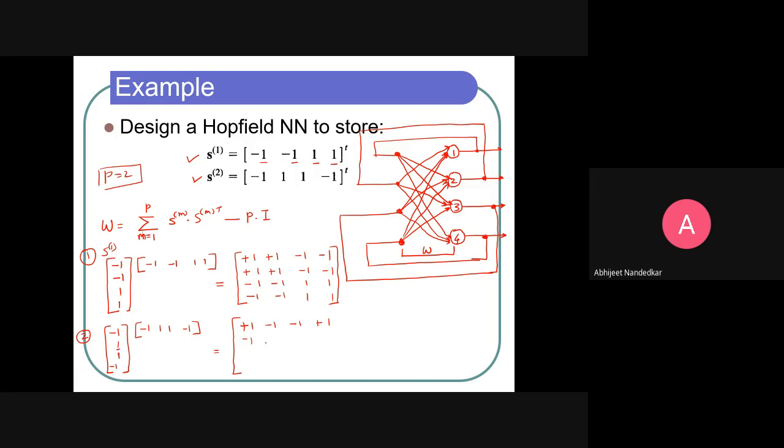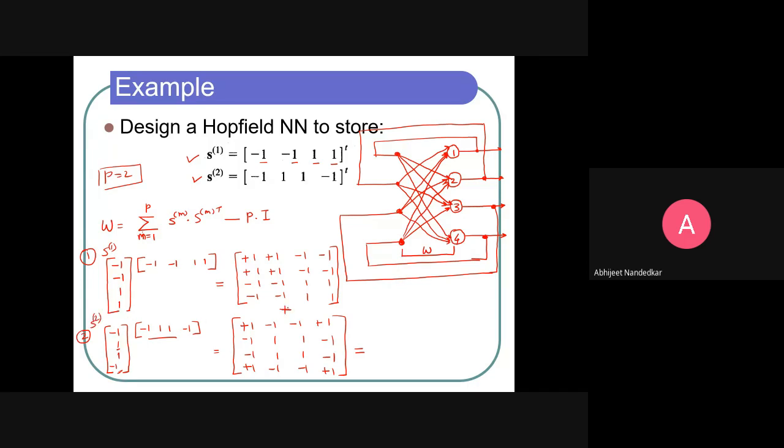This is 1, multiply with this vector transpose. So it is minus 1, 1, 1, minus 1. Then minus 1, 1, 1, minus 1. Last one, it is plus 1, minus 1, minus 1, plus 1. Now this is due to pattern number 2, that is S2.